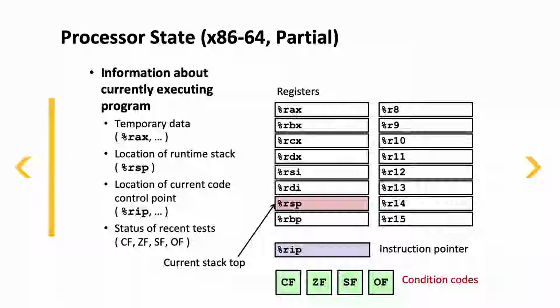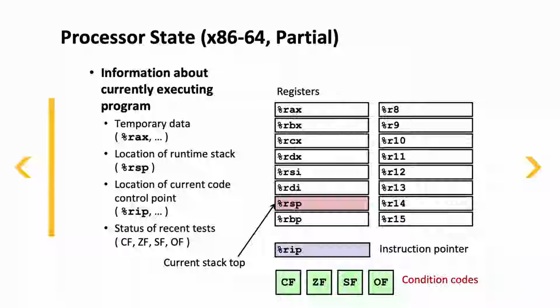Let's not just dump data in there. And the reason for that is that this is the stack pointer. This is the location of the runtime stack. And RSP always points at the current top of the stack. And that's why we don't want to mess with it. Because, of course, the stack is very, very important when we're running a program. And we'll get into that in more depth in future videos. But that is one thing that we really want to pay attention to.